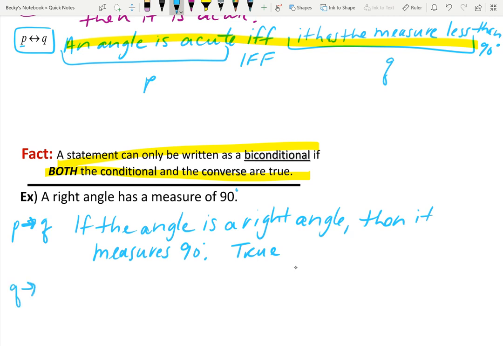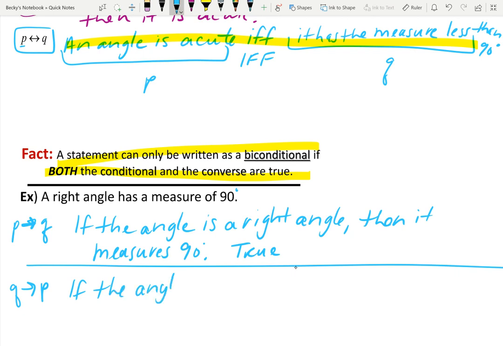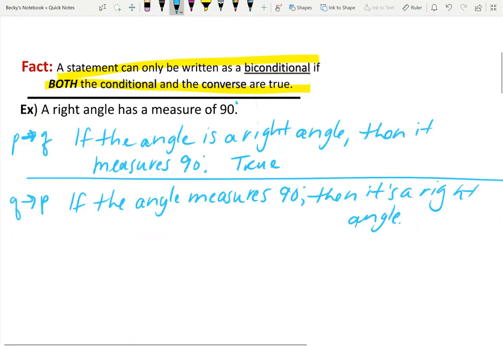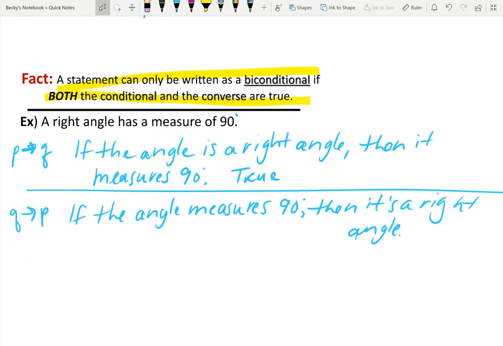Now I'm going to write this as my Q then P, which is called the converse. So I'm going to start with if it measures 90, but who's it? It is the angle. So if the angle measures 90 degrees, then it's a right angle, which again, I hope everyone will agree is true.